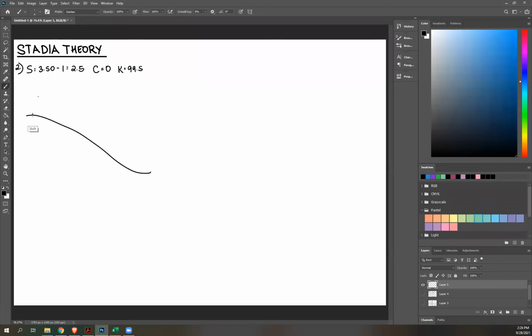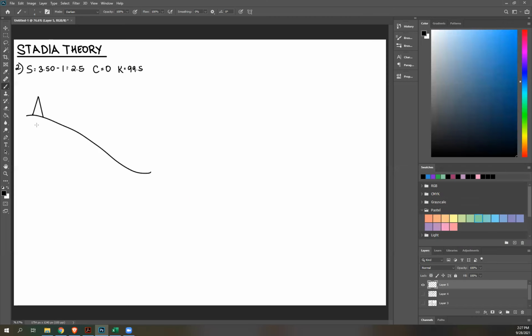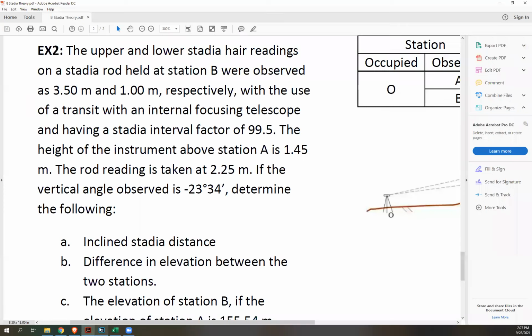Let's say this is your point A. And height of that is 1.45. And then take note, the vertical angle is negative 23.34.